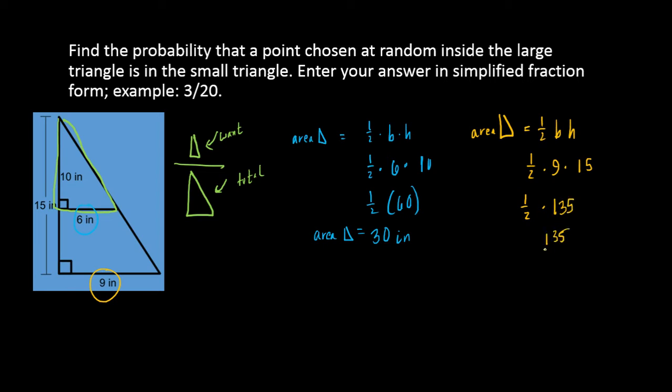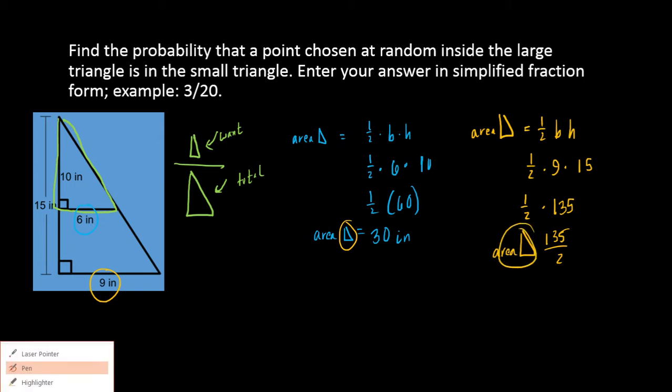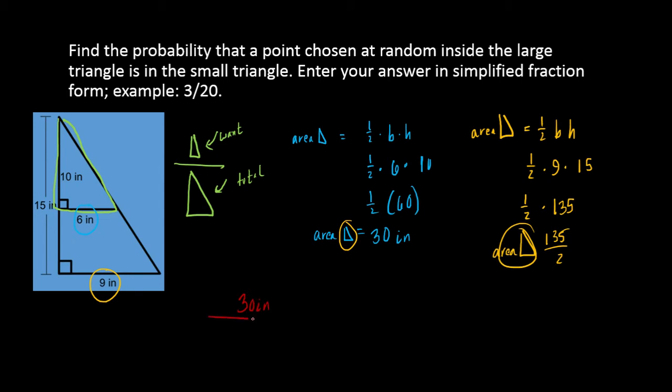So 135 over 2 is the area of my larger triangle. Now I take my ratio. So I'm comparing this little guy to this larger triangle. Okay? So I get 30 inches divided by 135 over 2 inches.